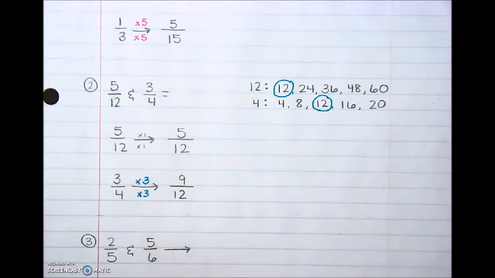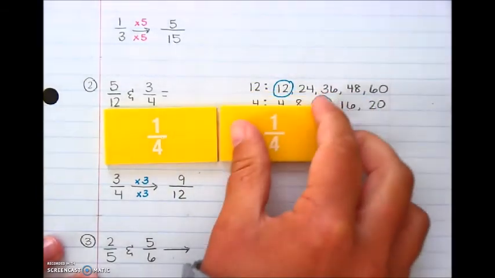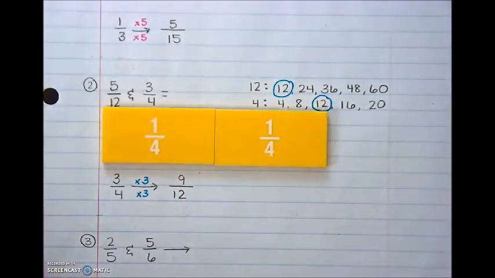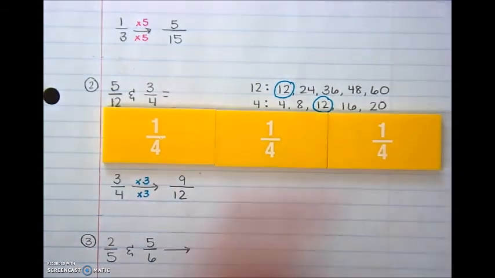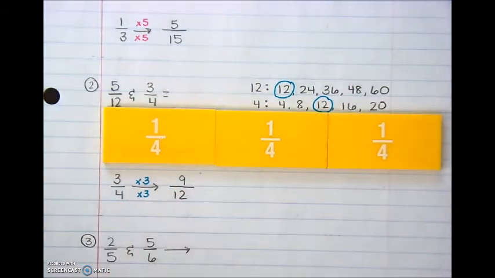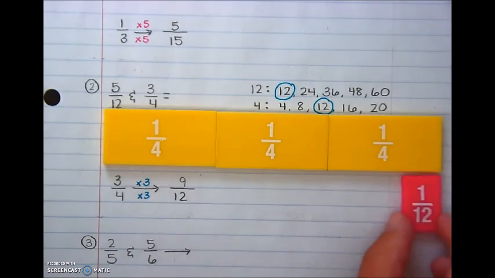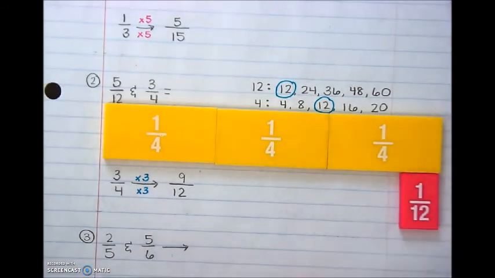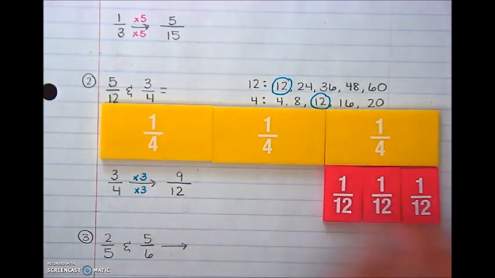Let's take a look at that a little bit more closely. If I had 3/4, I want to prove to you that we multiply the numerator and the denominator by the same number for a reason. I had 3/4 to start, and what I did was turn those fourths pieces into tiny little 12ths slivers. When I multiplied by 3, I said that for every 1/4 piece, there were 3 1/12 pieces.